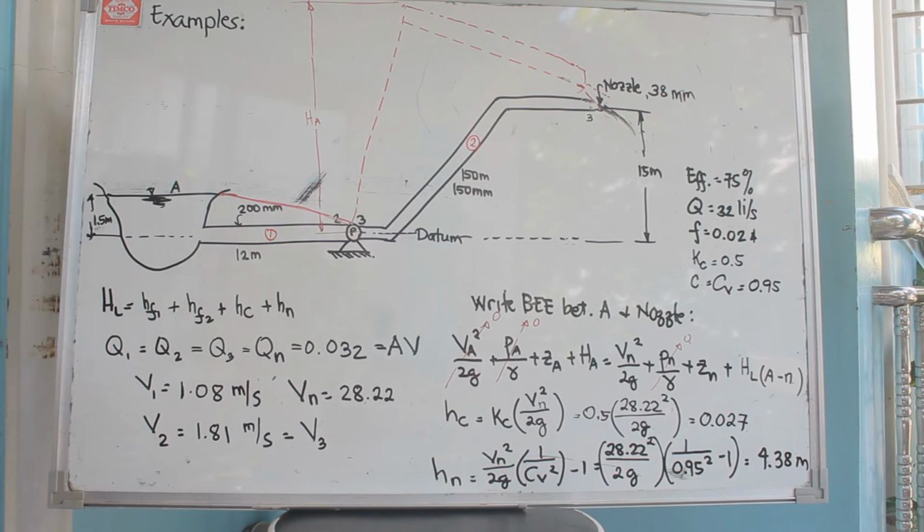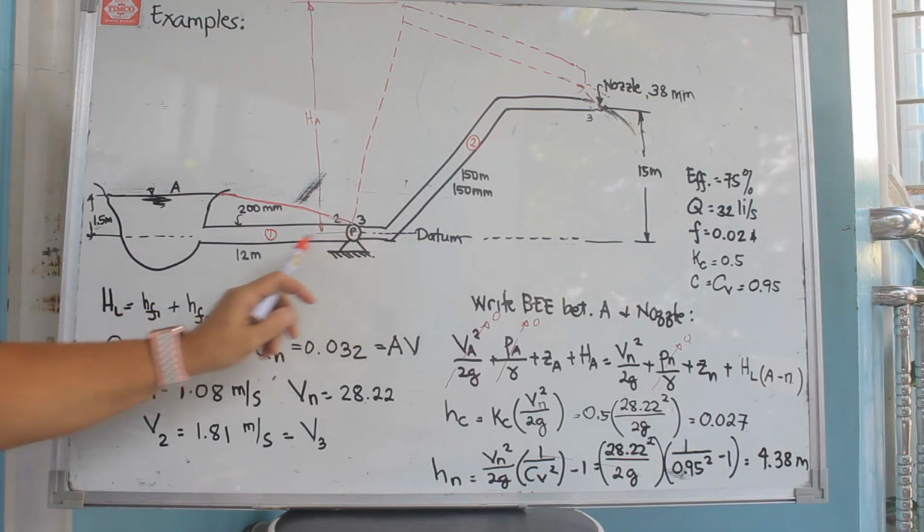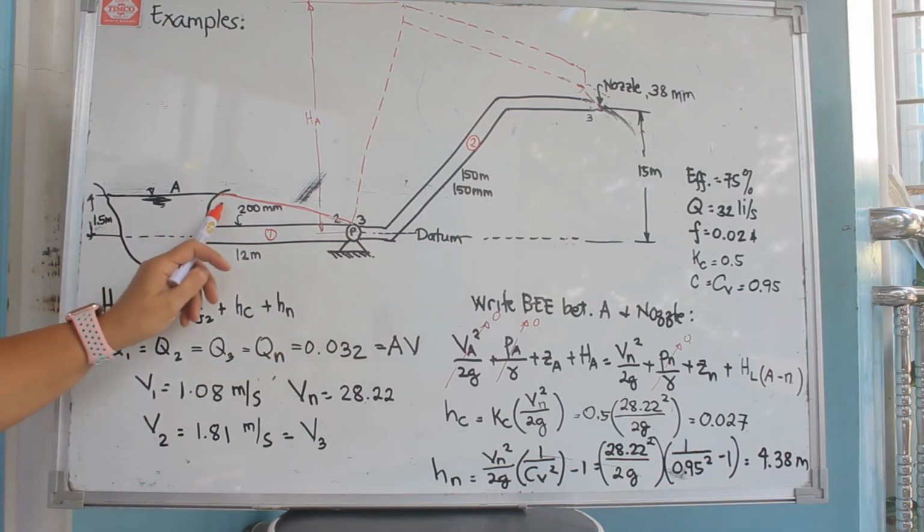So, let us draw muna natin yung energy grade line. So, this is the total energy. The height of water in the reservoir is 1.5 meters with respect to our datum. So, gawin na natin datum itong pump. So, it's 1.5 meters.